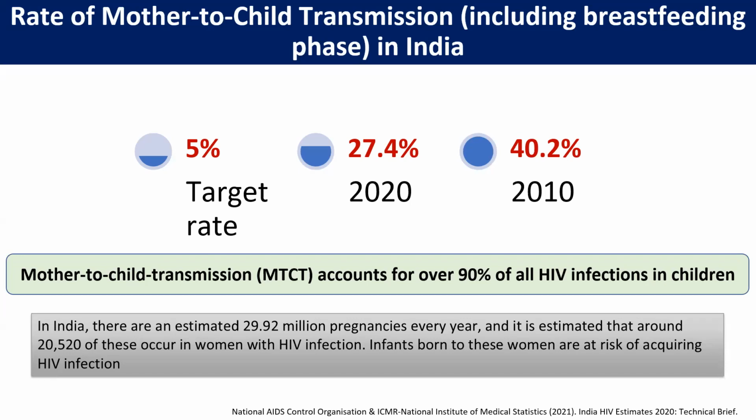There are various bottlenecks, but this is the data we have. Infants born to these 20,000 HIV-infected women are at risk of acquiring HIV infection, and our focus is on these children so that we can reduce the transmission rate to less than 5%.